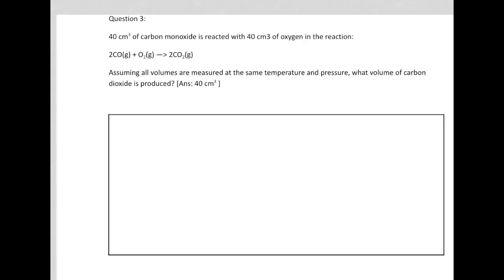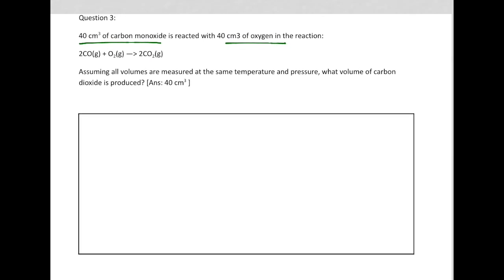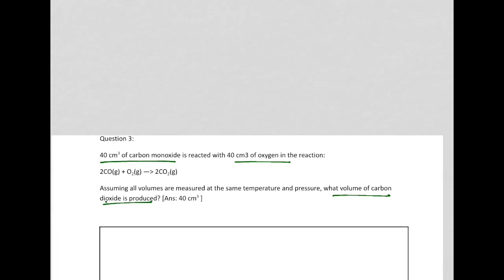Last question. You have carbon monoxide reacting with oxygen, and then you need to find the volume of carbon dioxide produced. Now, the first equation that we've seen in relationship to volume and number of moles is volume divided by molar volume. That's the first equation.